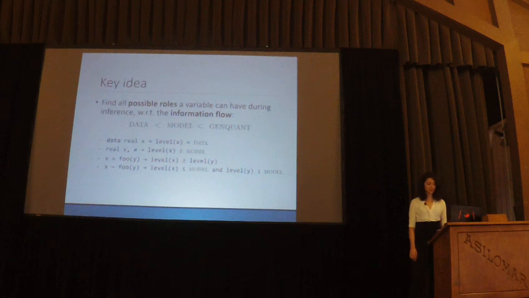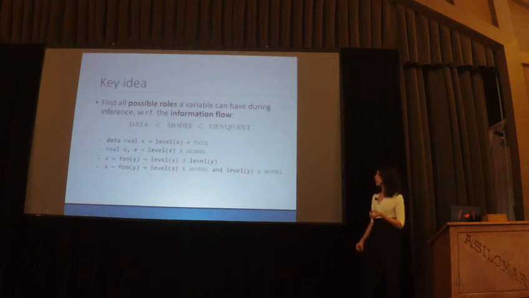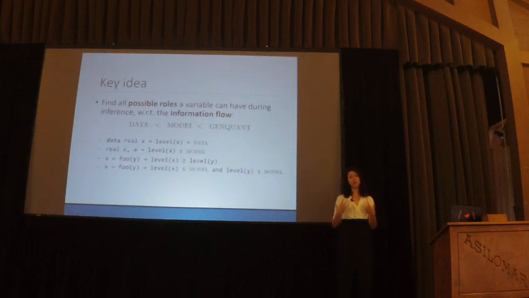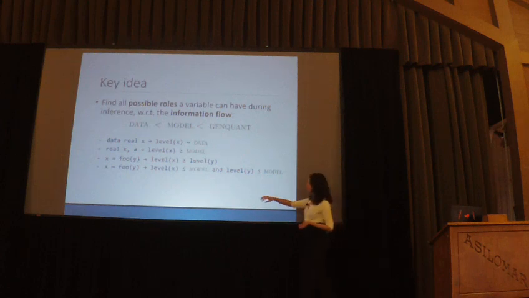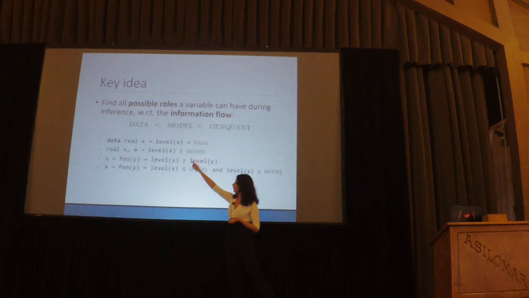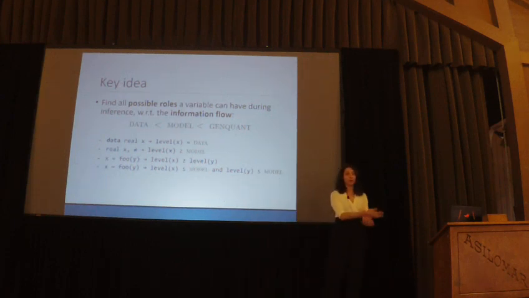Now, the key idea of SlickStan is to define some set of rules so that we can infer what the level of each variable is. So we want to have things like that. For example, if a variable is declared with the keyword data, then it must be of level data.